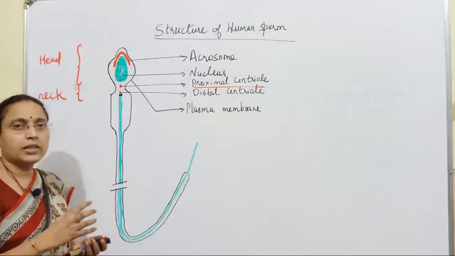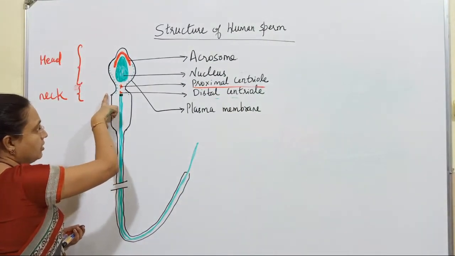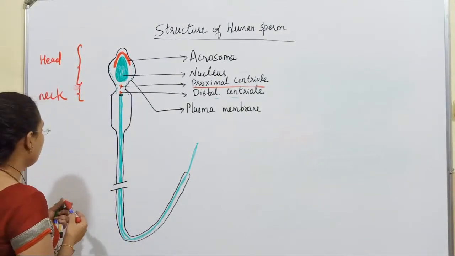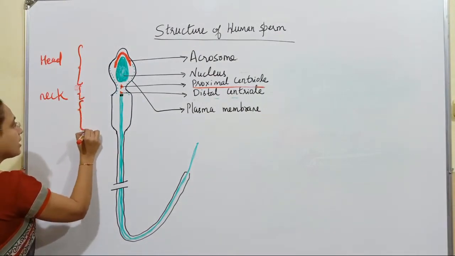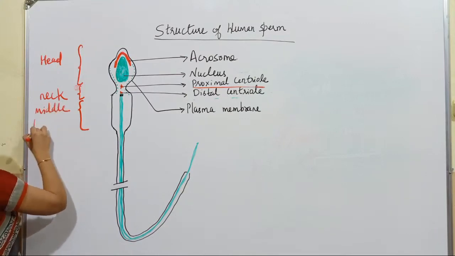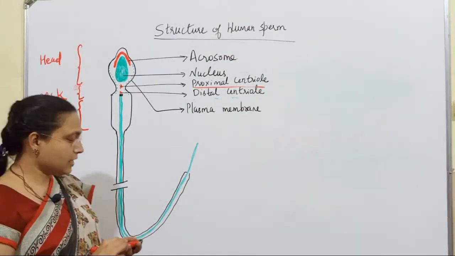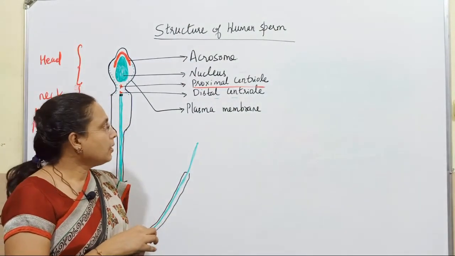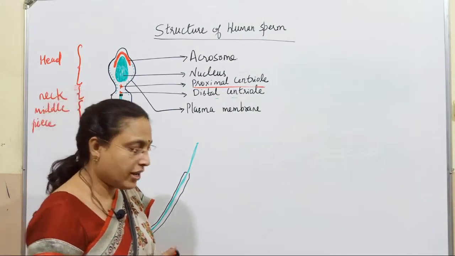Now comes the middle piece of the sperm. So this region is called the middle piece of the sperm. This was the neck region, and the next region will be called the middle piece. Now what is present in the middle piece of the sperm? In the middle piece we have mitochondria.